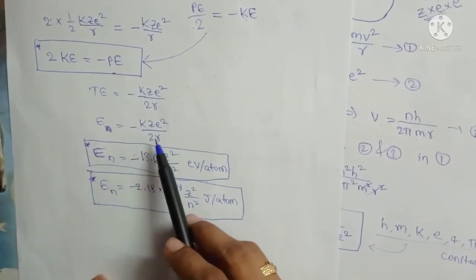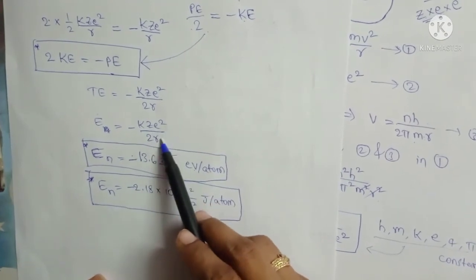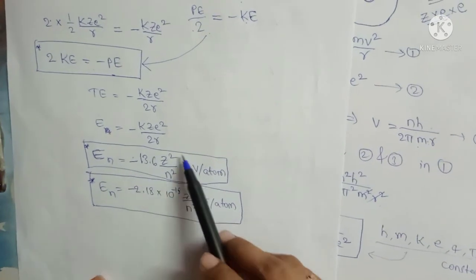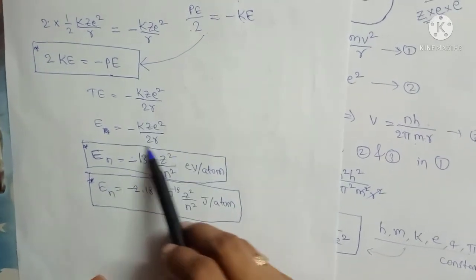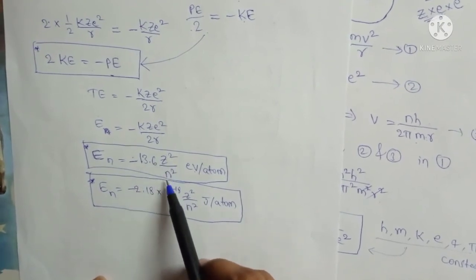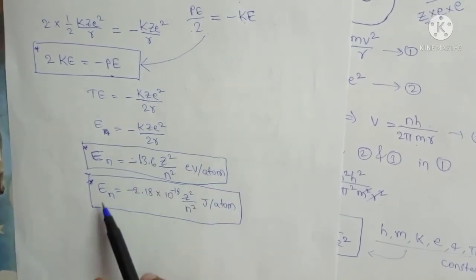If we substitute the radius equation and the e value and constant values, we can simplify the energy of electron as minus 13.6 Z square by n square electron volt per atom.